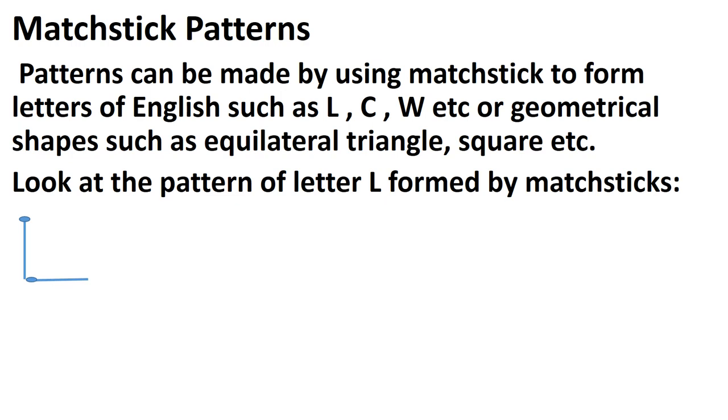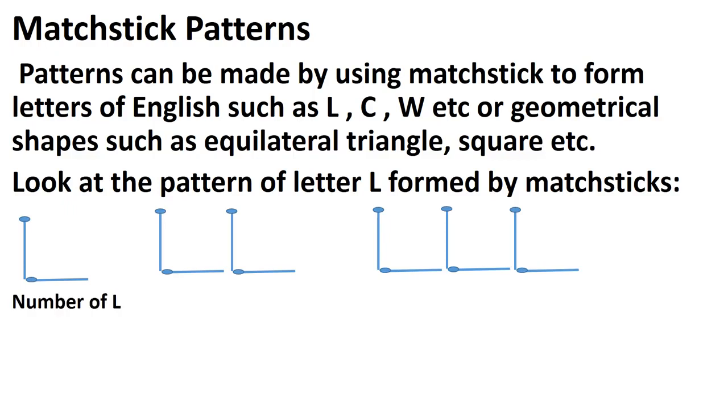This is 1 L. In 1 L we have used 2 matchsticks. Now I am making 2 L. For 2 L I have used 4 matchsticks. For 3 L, the number of matchsticks used is 6. So the number of L formed is 1, 2, 3, 4, 5 and so on.